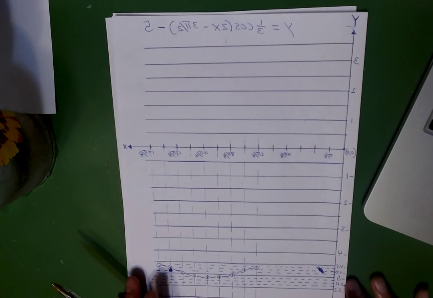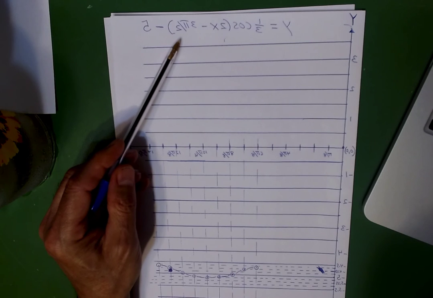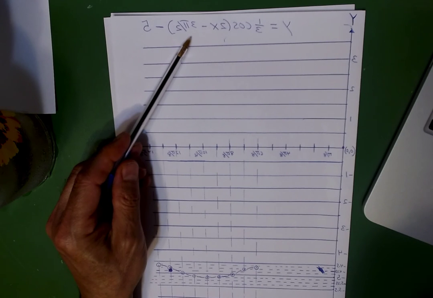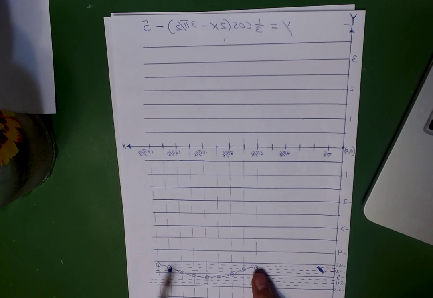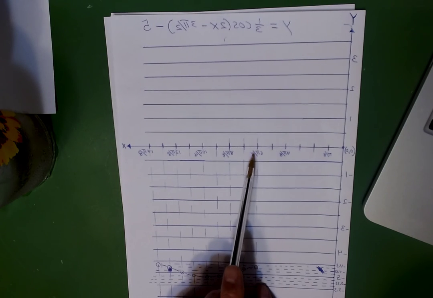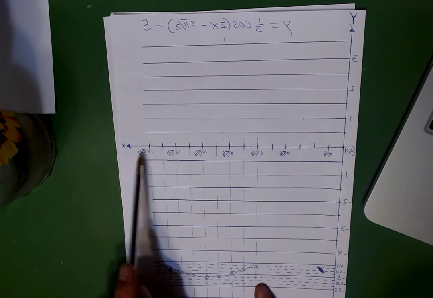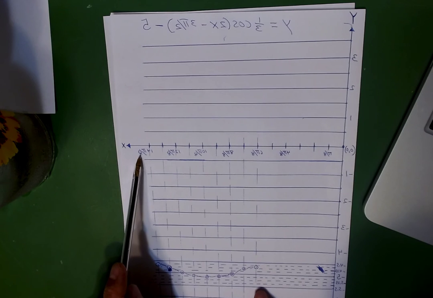The other thing that's interesting when you look at this is the period of this function. Okay, it runs from 6 pi over 8 to 14 pi over 8. So that difference is 8 pi over 8, or pi, right?